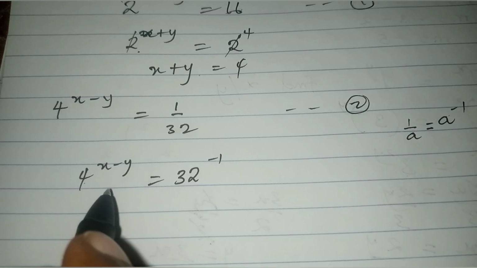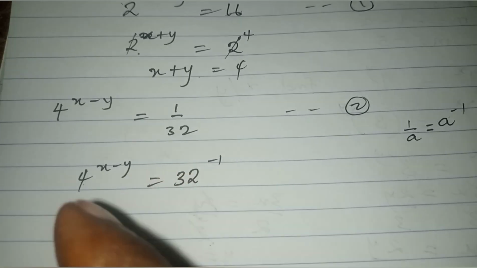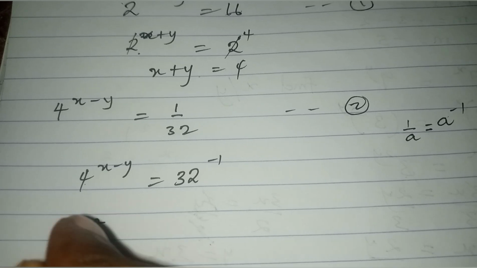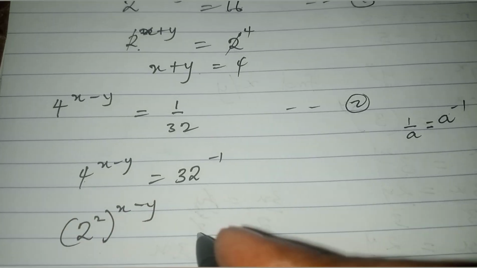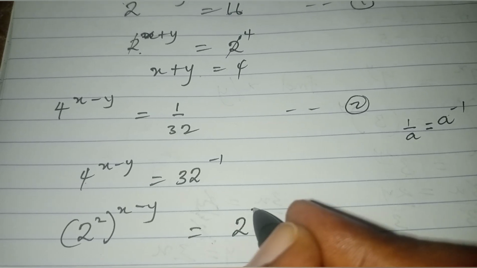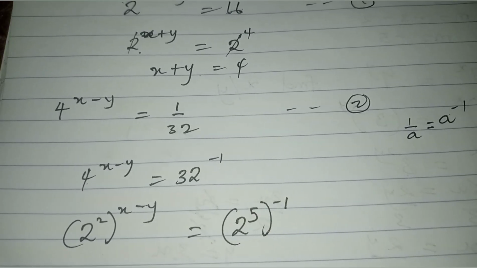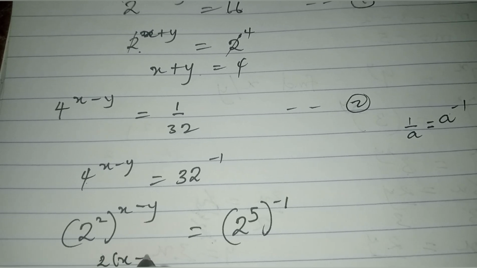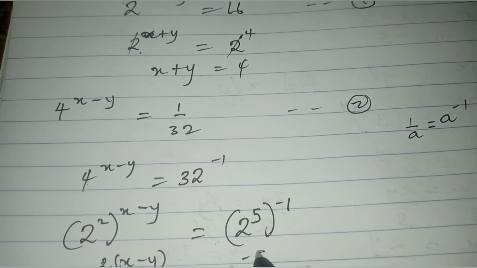So express it as the lowest common factor between the two of them. 4 is 2 raised to power 2, and 32 is 2 raised to power 5. Then we have 2 raised to power 2 into x minus y equals 2 into 5 times minus 1, which is minus 5.